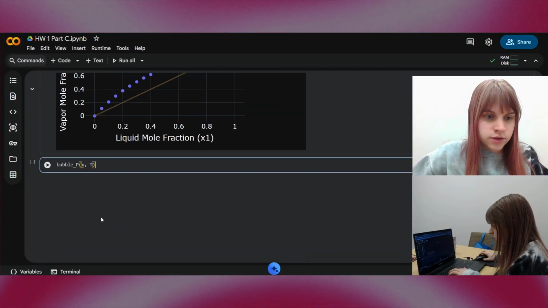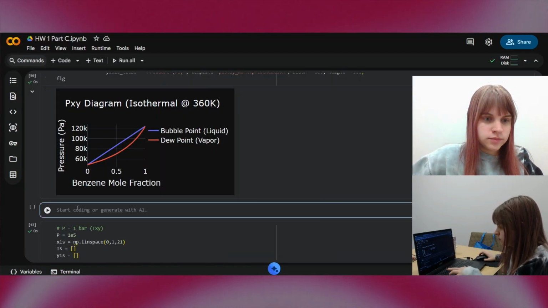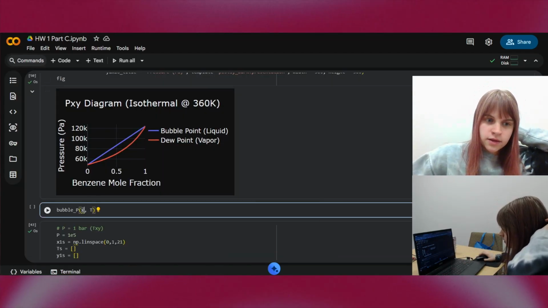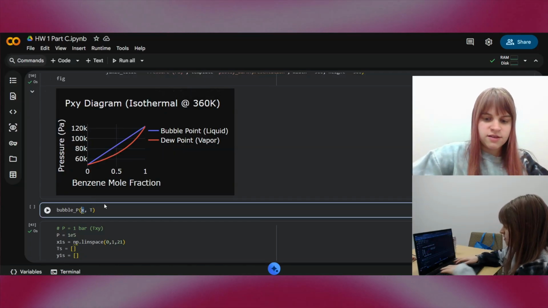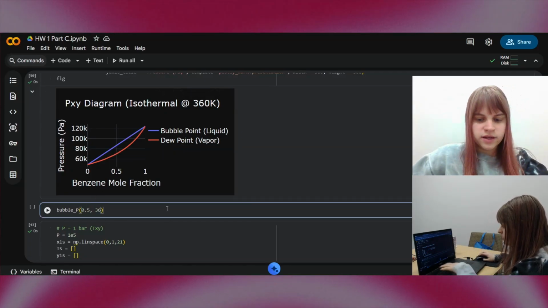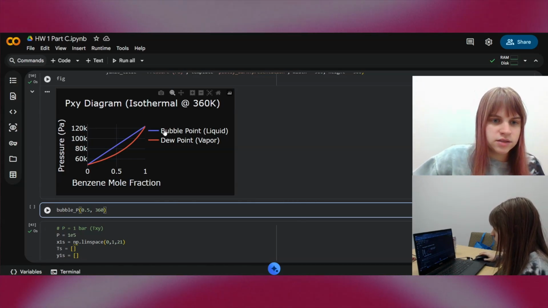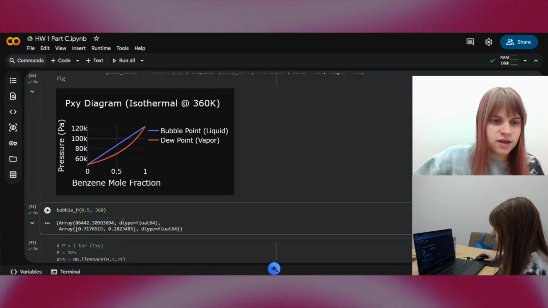So I'll do that right here, just for an example. So we'll write that there. Let's do 0.5 since that's easy to see on my small graph. And the temperature we would like to do is 360 Kelvin. That's the best way for me to compare it to this graph to see how it did.